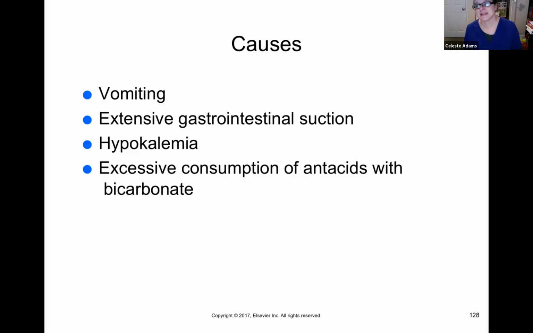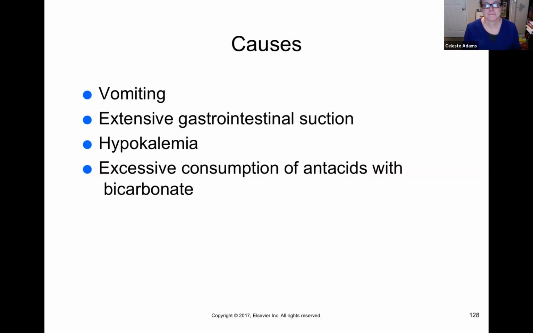If your bicarb is high when you have vomiting, then you're going to have metabolic alkalosis. If your bicarb is low, then you're going to have metabolic acidosis. So it depends on what your body's doing with your bicarb, whether it's holding on to it or getting rid of it.